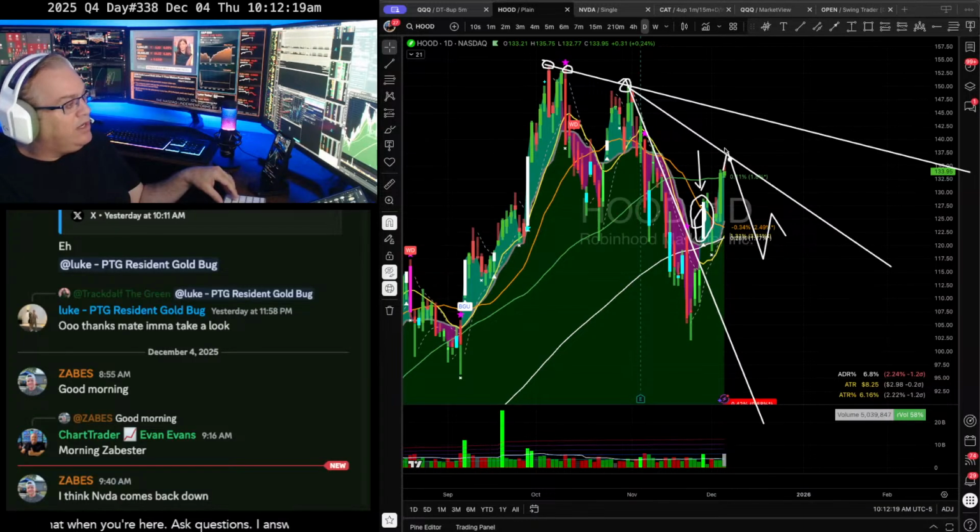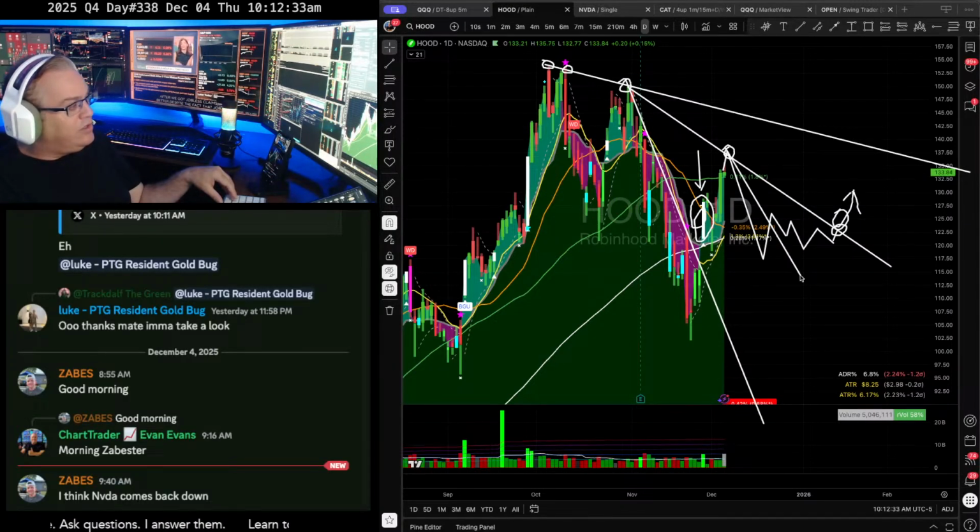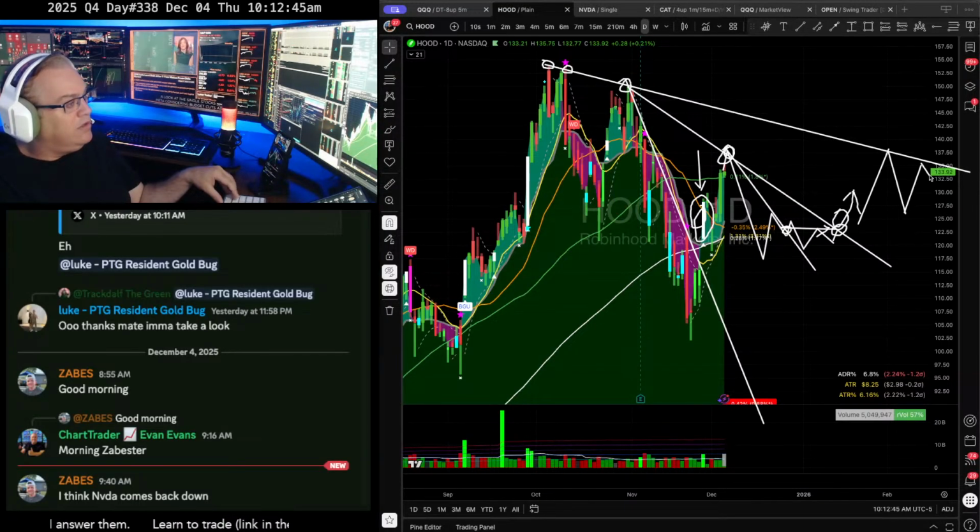We can't know what it is, but then it will have put it in, and whatever that trend line is, you could potentially get an entry down there. Another way to measure the trend line pullback could be like this, and then you get in here. It's virtually the same, but the timing will be better off of whatever this one is. And of course, it may bounce and reflect off of this one, then tighten up, and then that's the ultimate.